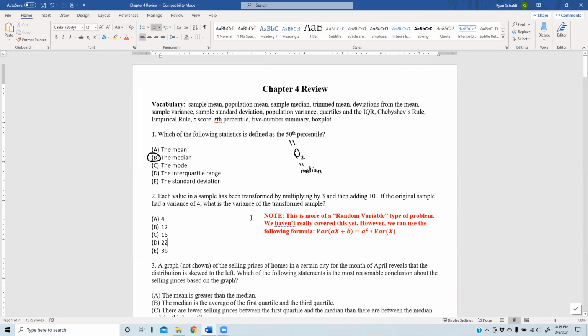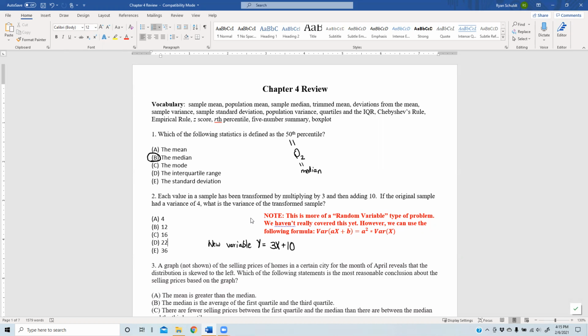Okay, so using that formula, let's call the new variable y. The new variable y is equal to 3 times x plus 10.